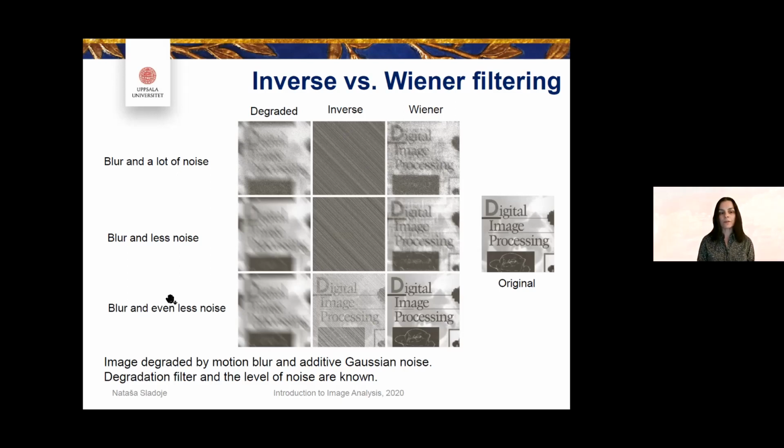So if we have a relatively smaller amount of noise, then by this direct division, we can restore an image that somehow indicates how the original image looks, not very closely, but at least there is some content. However, with more noise present in the images, this direct approach to inverse filtering does not give any meaningful result. We just amplify the noise that is present in the image.